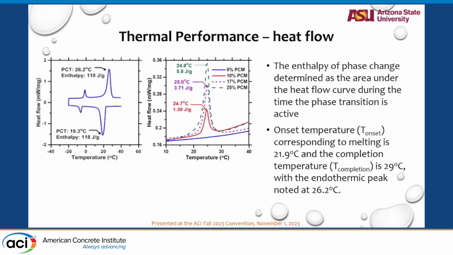So again, this is a heat flow for different doses of PCM. Initially it was just a single PCM, but if you put in different amounts, 0% PCM versus 10% versus 17 to 25% PCM in a concrete mix, what would happen is, at a certain temperature, this is a 25 degrees Celsius PCM, at around 21.9 degrees Celsius the onset of the storage of heat happened, and it continued till around 29 degrees Celsius, where all the solid PCM would have changed to liquid PCM.